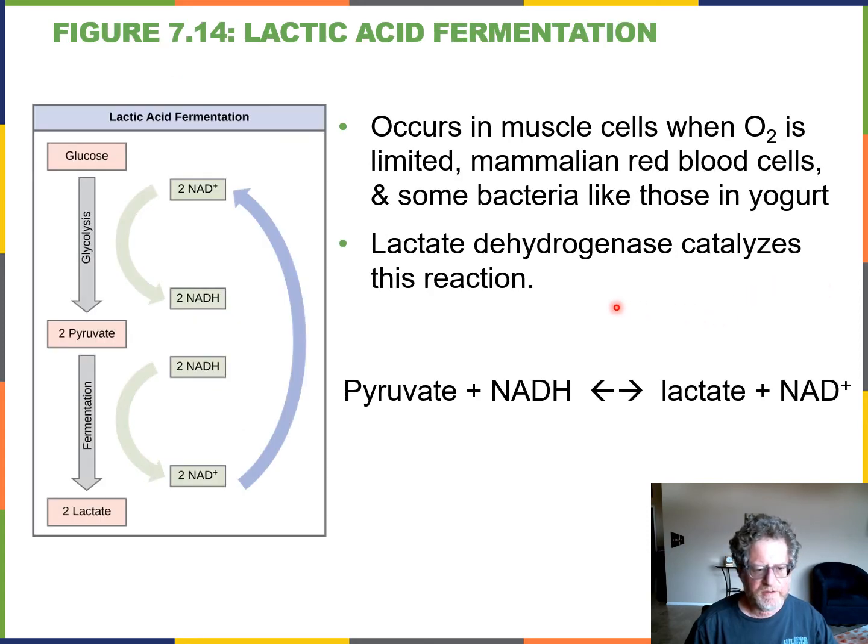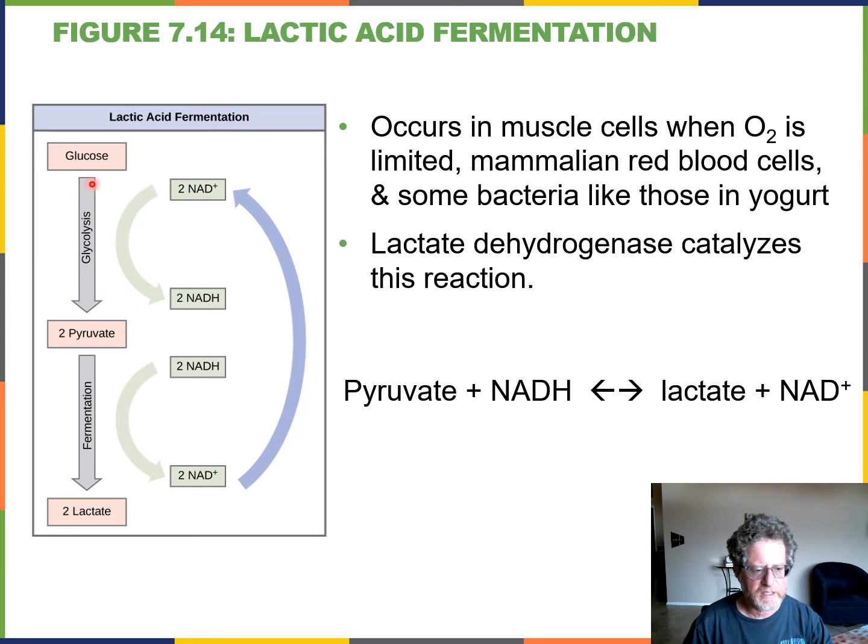So at the end of glycolysis, you wind up with pyruvate. Normally, in the presence of oxygen, pyruvate would move into the mitochondrial matrix. But there are regulatory mechanisms that don't allow it to move in if there's no oxygen present or cells are deprived of oxygen.